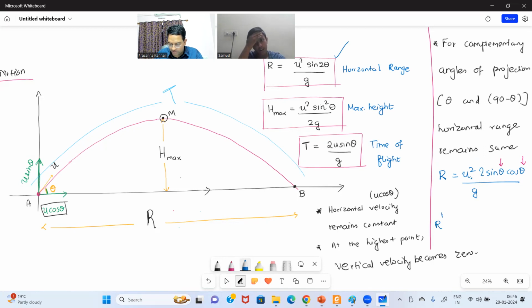Let me call it R dash. Instead of theta, I am projecting it at 90 minus theta. Then tell me what will happen. U square will not change, g will not change. What will happen? Instead of theta, you substitute 90 minus theta.